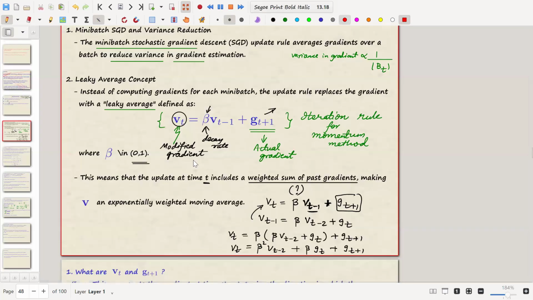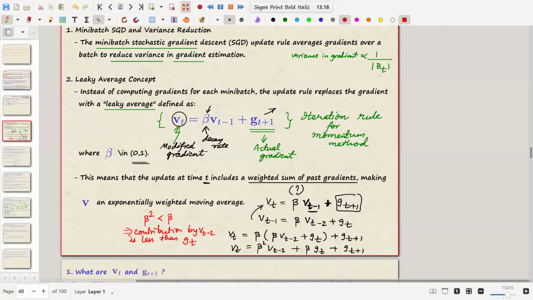Is it clear? Beta square is less than beta. Therefore, the contribution by Vt minus 2 is less than Gt. How many of you understood this? Is it okay?